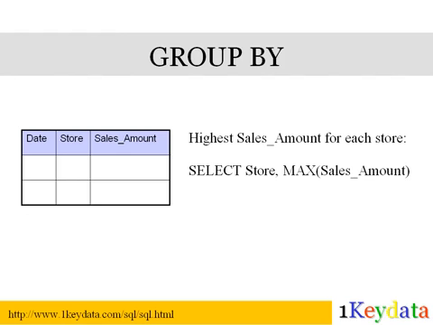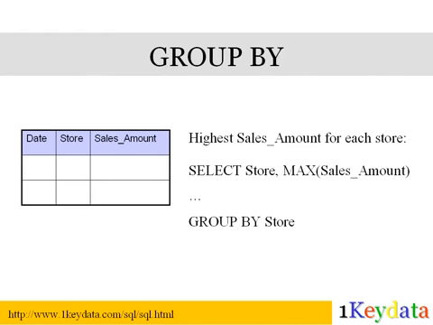To allow SQL to correctly calculate what we want, we need to use the group by keyword. Here we will add group by store to let SQL know that we want to calculate the maximum sales amount for each store. So how the function is calculated is dependent on the column or columns specified in the group by, not the column or columns specified in the select.